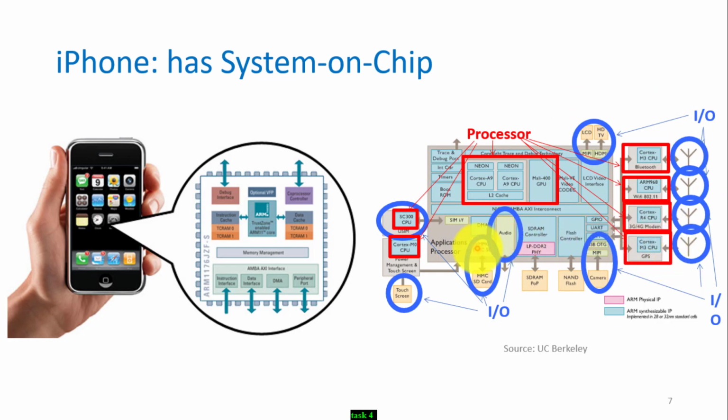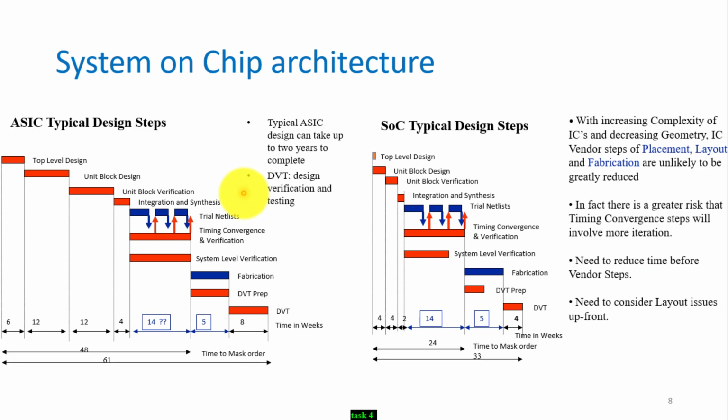We have audio, the SD card, the touch screen, the LCD, the HD TV, the camera, and all the antennas for Bluetooth, Wi-Fi, the modem, and GPS. All of these are considered input output devices. And finally we have our memory, which is our boot ROM. All of this is integrated within one system chip. This is called a system on chip.